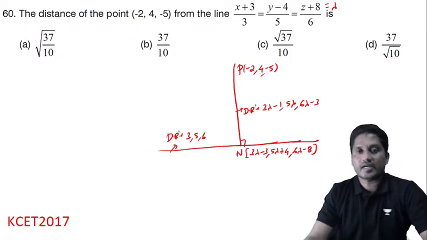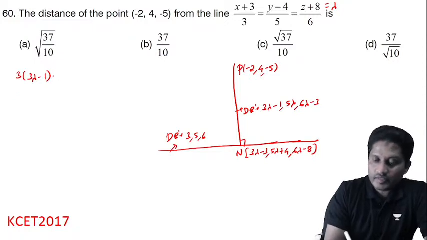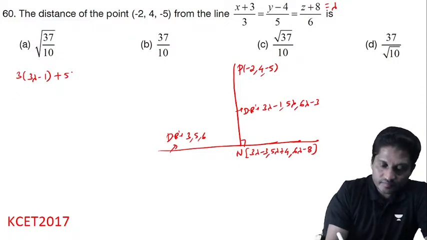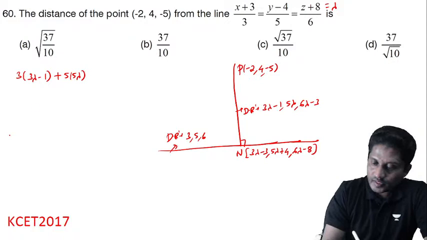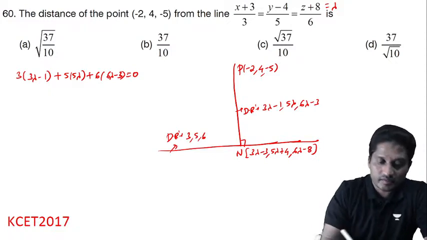If I multiply the DRs, we'll get 3 into 3 lambda minus 1, and then 5 into 5 lambda, then 6 into 6 lambda minus 3 is equal to 0. From this I'll get the value of lambda.